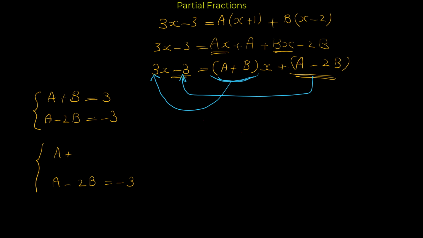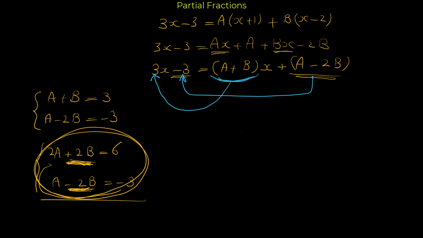Then I have 2a plus 2b equals 6. The reason that I am doing this is that I want to have opposite signs of b in the two equations. Now that here we have 2b, but here we have negative 2b, if we add these two equations to each other, we can find a and b.